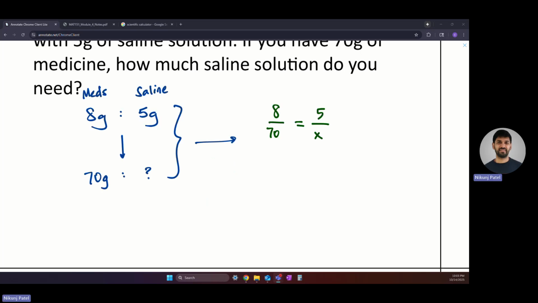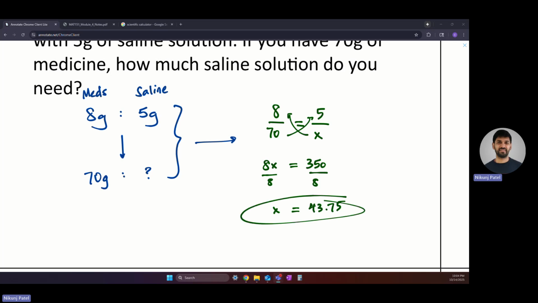Before, in module 2, I believe, we would do what's called cross multiply, and we get 8x is equal to 350. And then we would continue to solve it from there. Just like that. Right, so that's how much saline we would need, 43.75 grams.